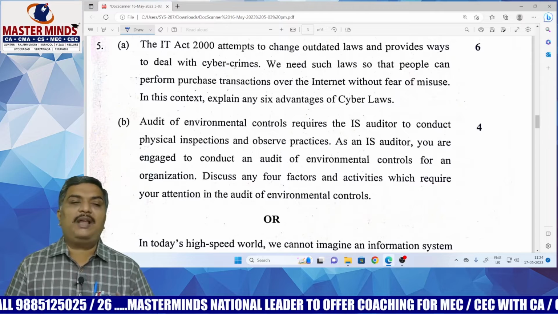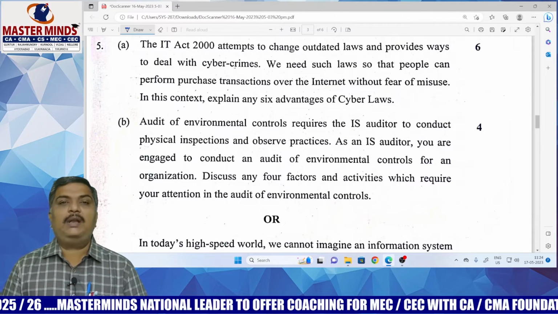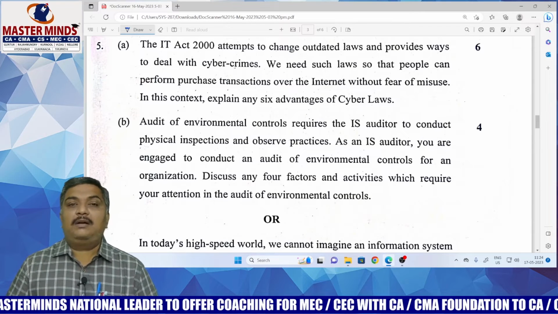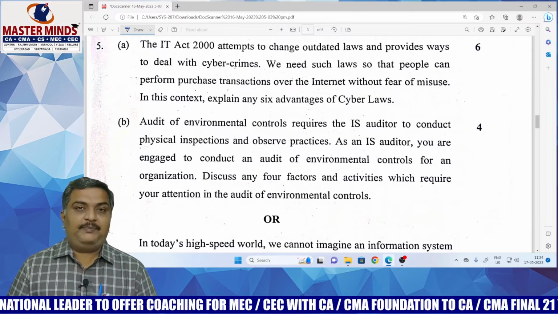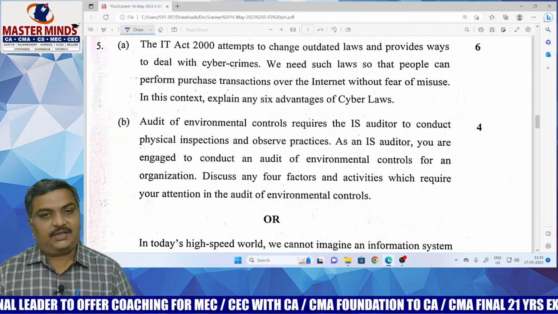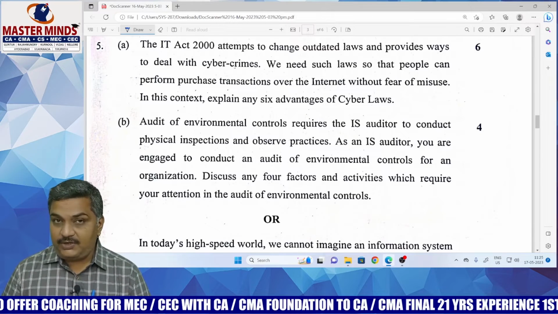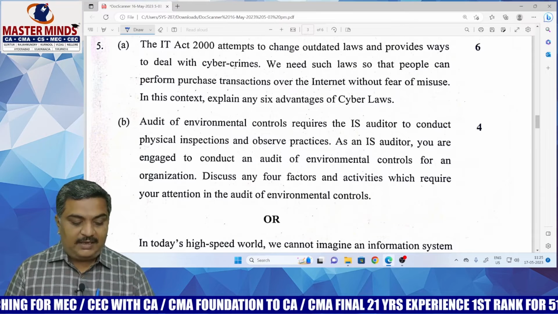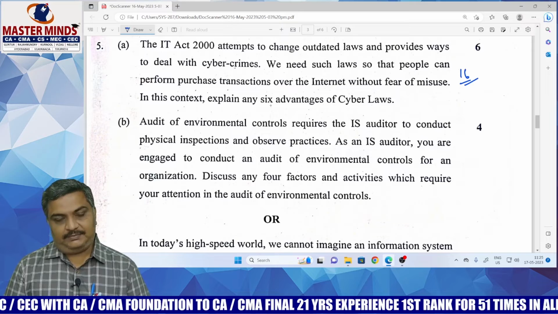So these are the advantages provided in the IT Act 2000 for the purpose of creating value to the system and value to the economy. And this you can find in BPA controls, the business process automation controls lesson, question number 16 in our BPA lesson.